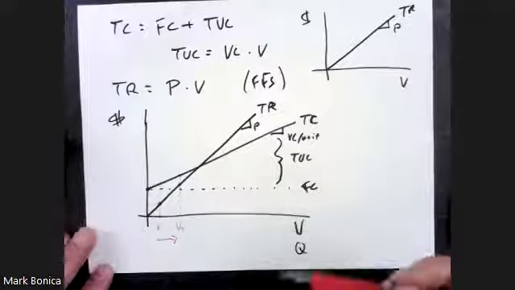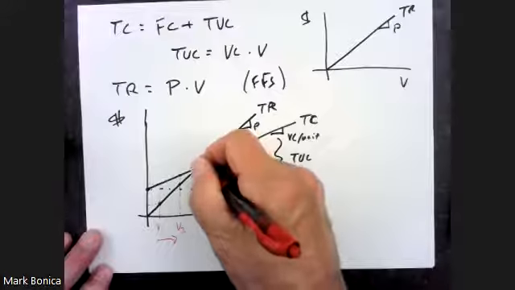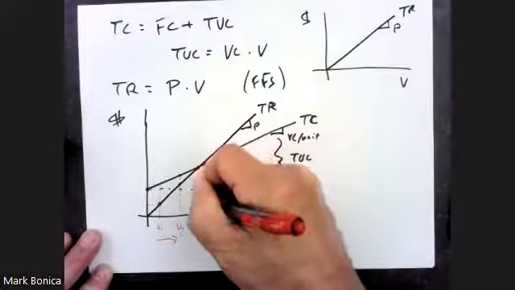It's getting smaller, right? Okay. Then I hit this crossover point, and this crossover point is a special point. The point where these two lines meet is our break-even volume. So at that point, that's our break-even volume.